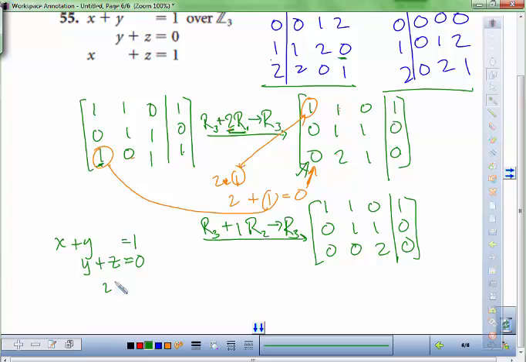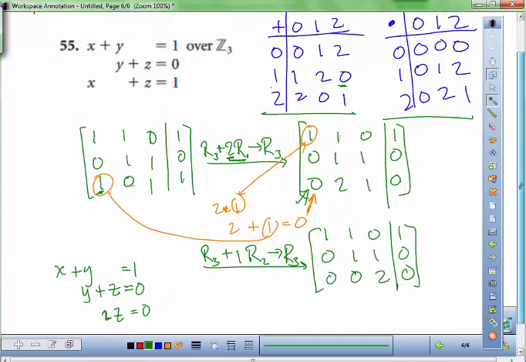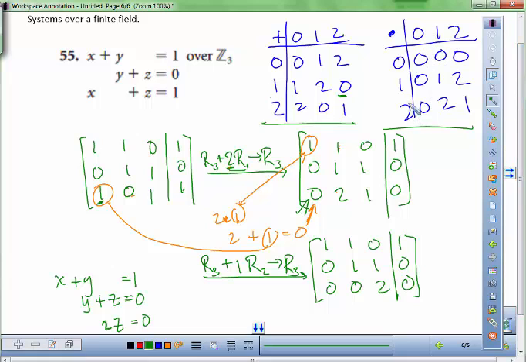And 2z is equal to 0. So the question here is, what do I multiply 2 by to get 0? 0. So z has to equal 0.